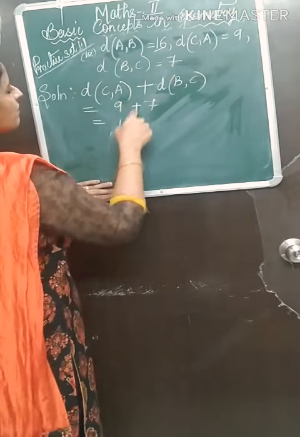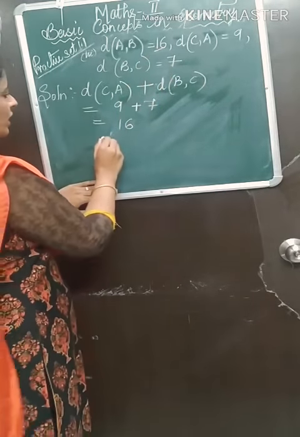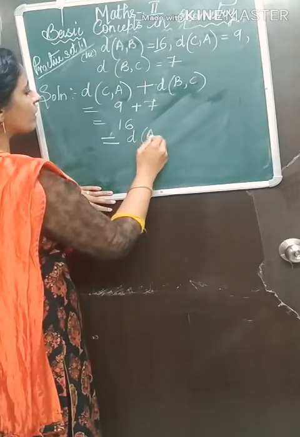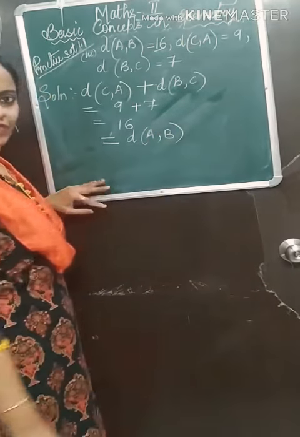Yes, it is the same as the distance given here. So you will write, which is equal to 16, the distance between A and B.